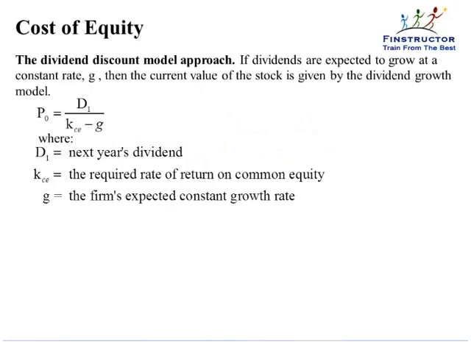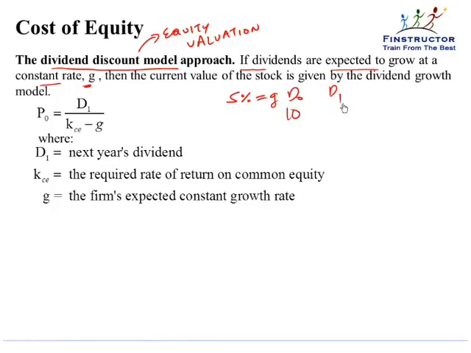The next approach is called the dividend discount model, and this we will study when we study equity valuation. So we will learn there that if dividends are expected to grow at a constant rate of G, so let's say 5% is the expected growth rate, that is a dividend of, let's say last year 10, will next year become 10 into 1 plus 0.05.